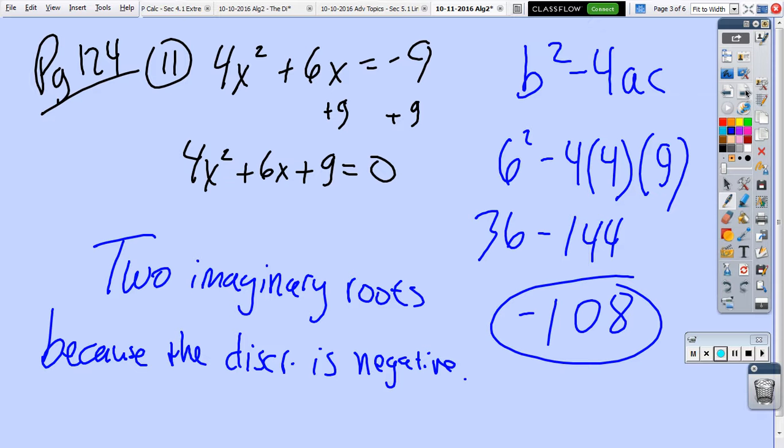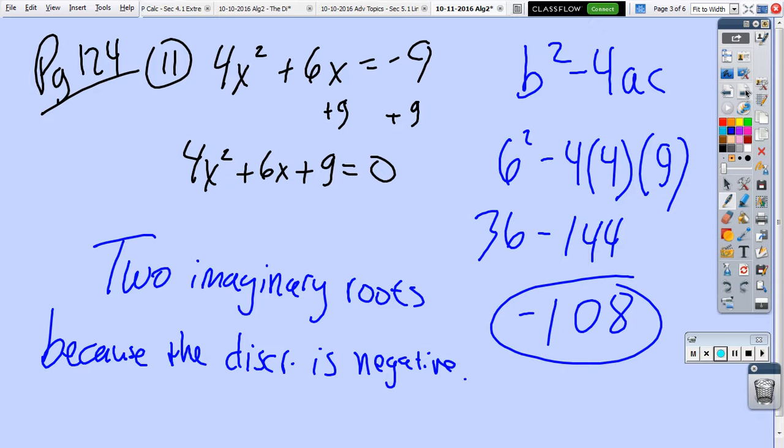So notice if you look at your quadratic formula, the b squared minus 4ac, that's just the radicand. It's just the part underneath the radical. Okay? So if you went ahead and did 11, b is 6, a is 4, c is positive 9. Simplify, you get negative 108. So because it's negative 108, what does that tell us about the roots? It's a negative value. The discriminant's negative, so we have 2 imaginary roots.